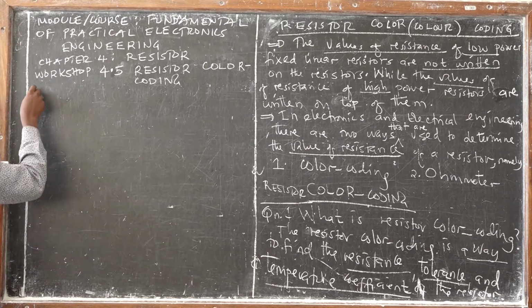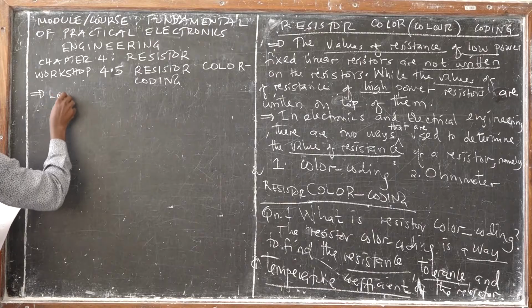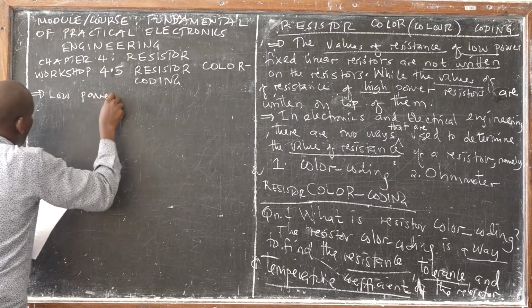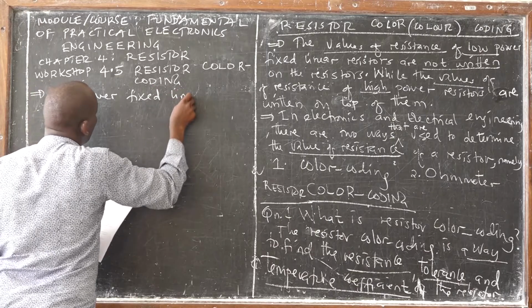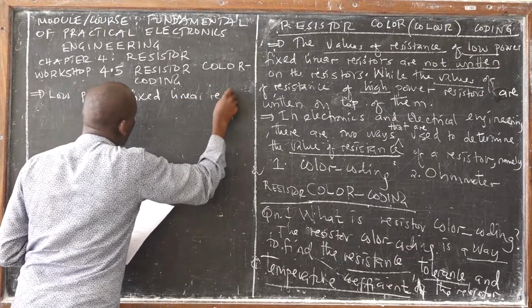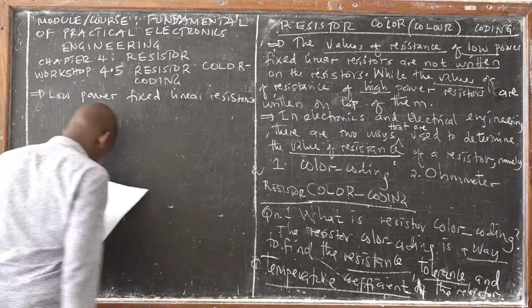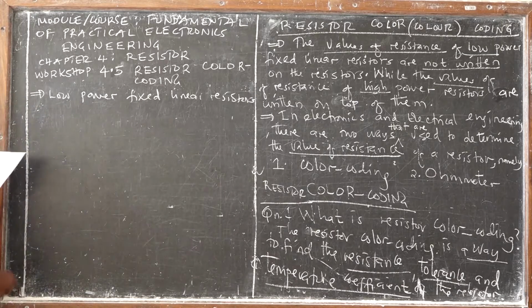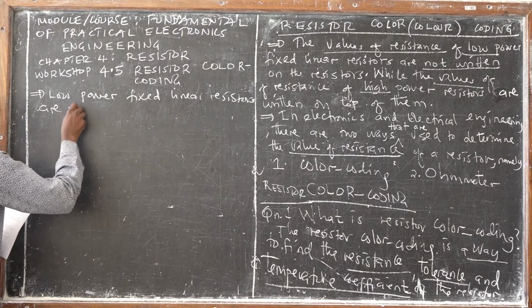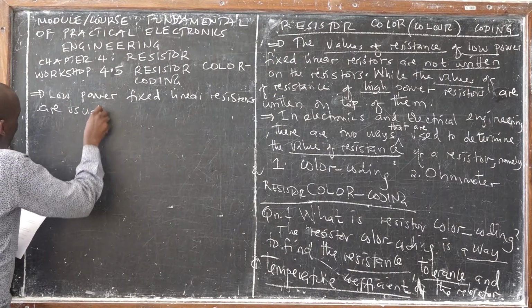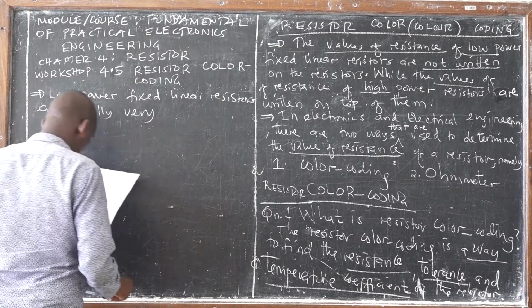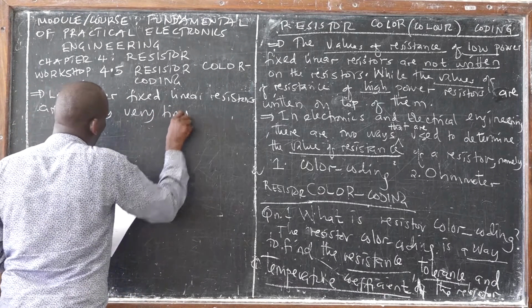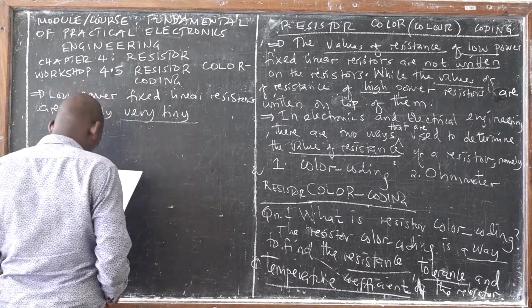Another challenge is that low power fixed linear resistors are usually very thin, very tiny, very small.